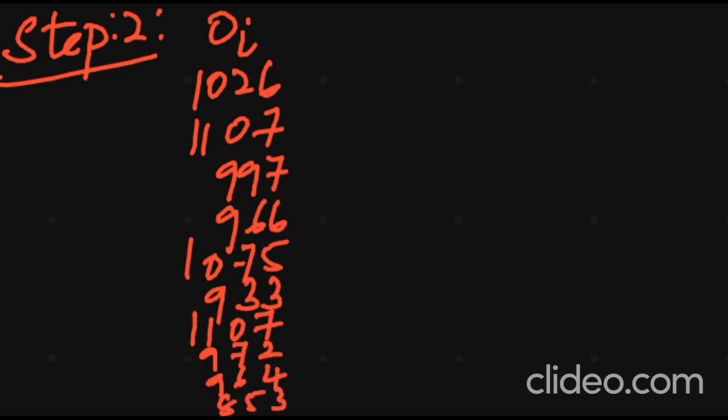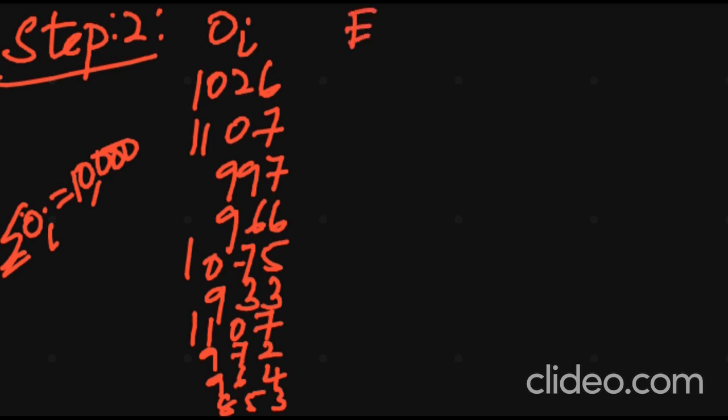This is the data given in the question. This is the observed frequency we have. If you add all these values, the summation of OI, you will get 10,000. Just add all the values and you will see that you get 10,000.